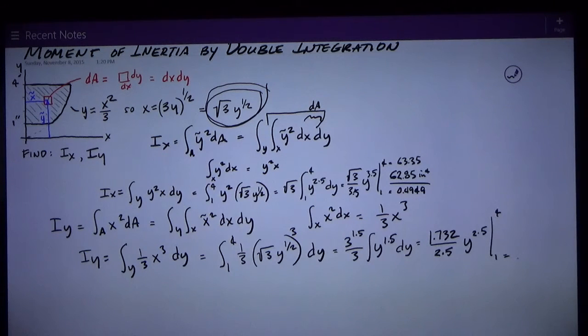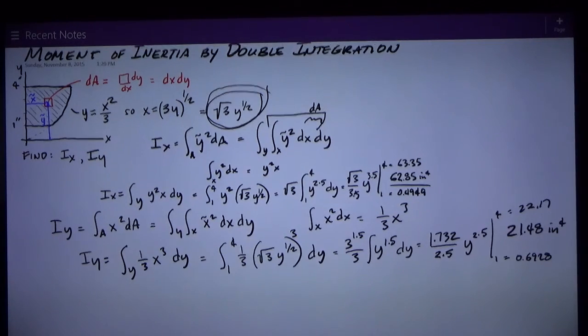At 1 it evaluates to 0.6928, and at 4 it evaluates to 22.17. Therefore the difference between those two is 21.48 inches to the 4th.